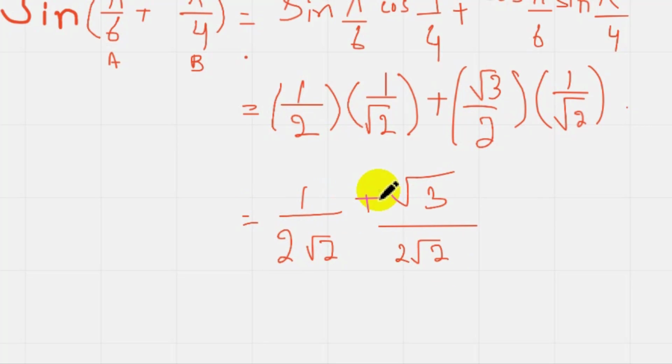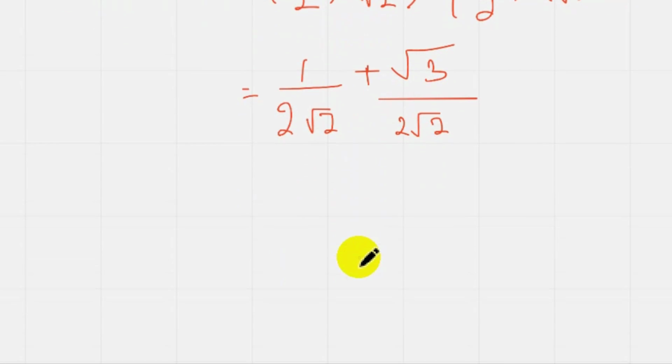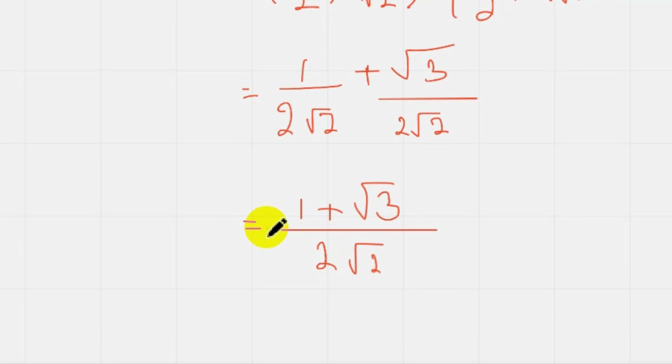Now we can add them because the denominators are the same, so we take one denominator common, 2 into square root of 2, and then add the numerators, which will be 1 plus square root of 3. So that's it.